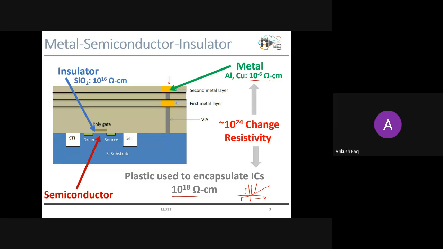But what are the fundamental reasons for how this conductivity or resistivity changes for different materials such as metal, semiconductor, or insulator, and how can we modulate this? Because in a semiconductor, we need to modulate our conductivity, and we know that by doping, or by varying the doping concentration, we can easily modulate the conductivity of our semiconductor, and that is why we are utilizing semiconductor to build our devices.